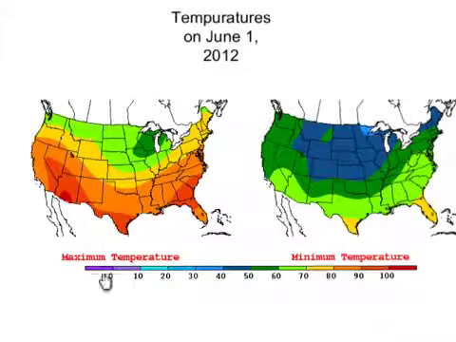I'm showing you the maximum and minimum temperatures for June 1st, 2012. So in the minimum temperature, there is some blue right up here, which would be in the 30 to 40 degrees range. And right here, there's some blue. That would be in the 50 degrees.